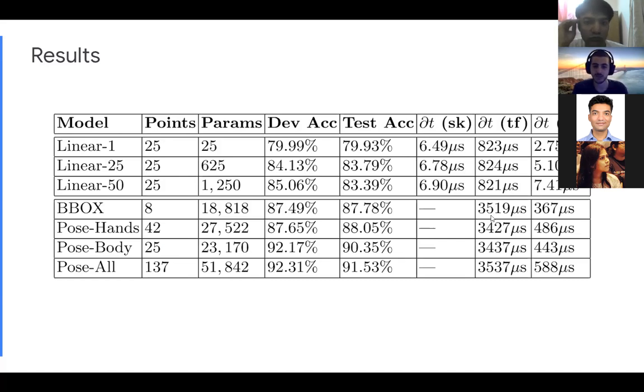But this could be optimized because we see in PyTorch, for example, the slowest one is almost 600 microseconds, which is about 6 times faster than the TensorFlow model. So there is room for improvement for smaller and slower devices where we really want this to run as fast as possible without hitting the battery and CPU too much.